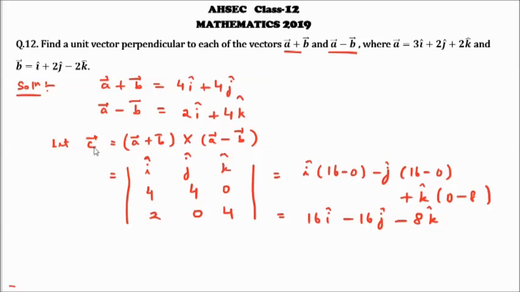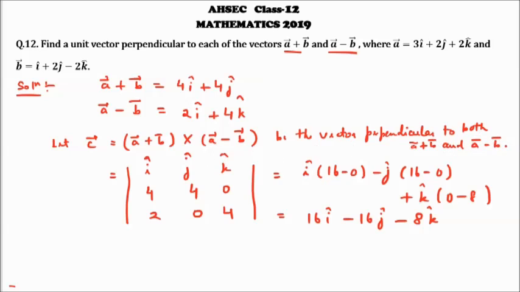What is my c vector? We can write here like this also, that c vector is perpendicular to both a vector plus b vector and a vector minus b vector.